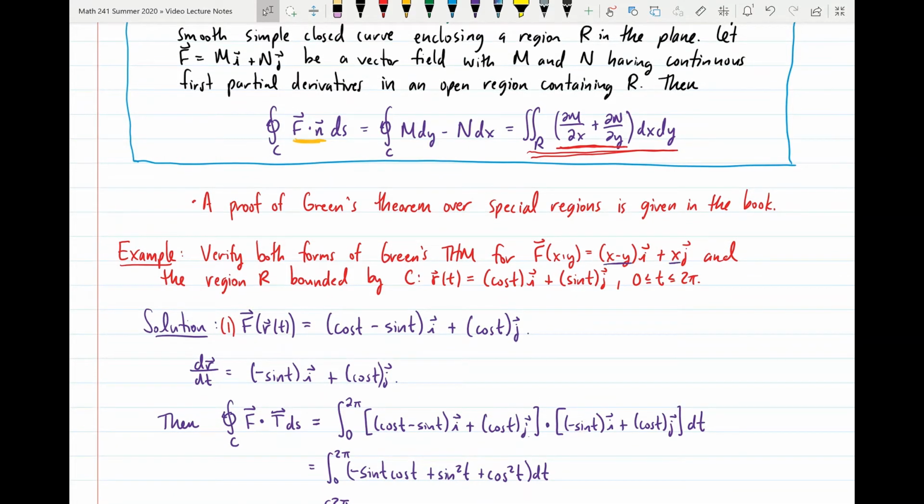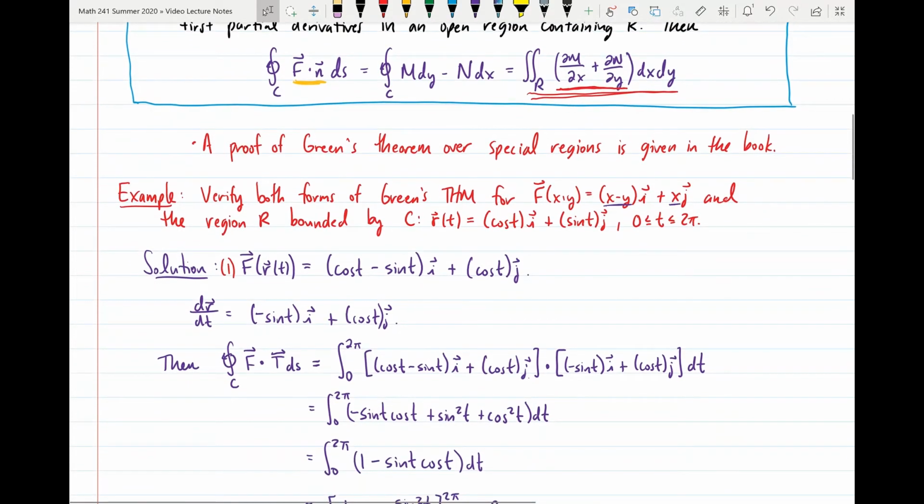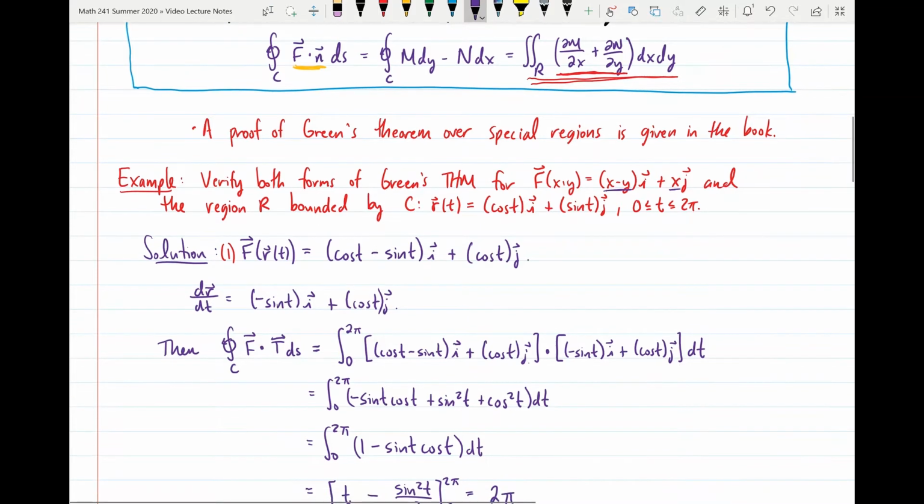So now we can move on to our first example, applying Green's theorem. In this first example, we want to verify both forms of Green's theorem that I presented above for the vector field F(x,y) equals (x minus y)i plus xj, and the region R that's bounded by the simple closed curve C, which is parametrized by r(t) equals cosine t i plus sine t j, where t is ranging from 0 to 2 pi.